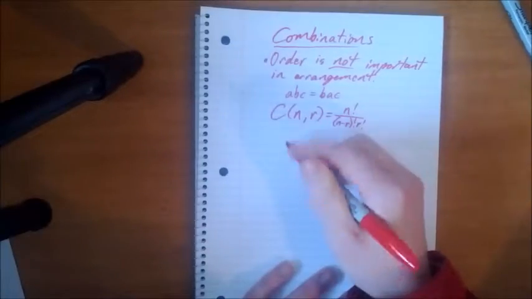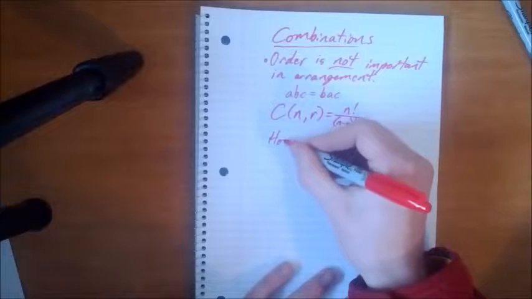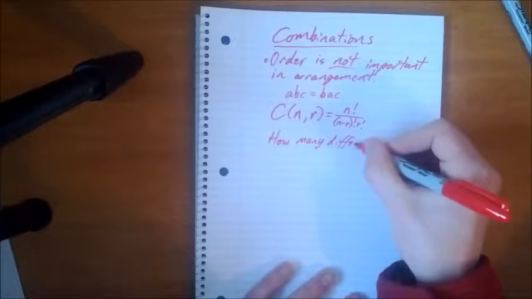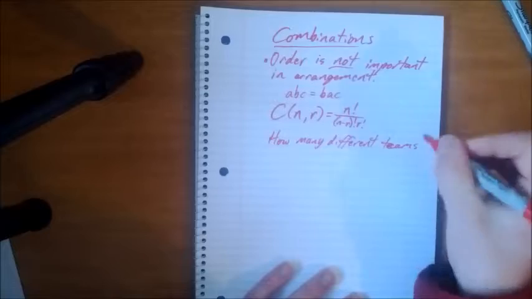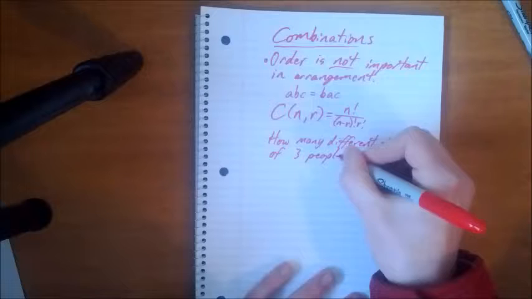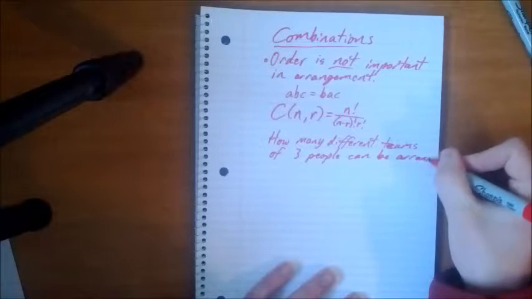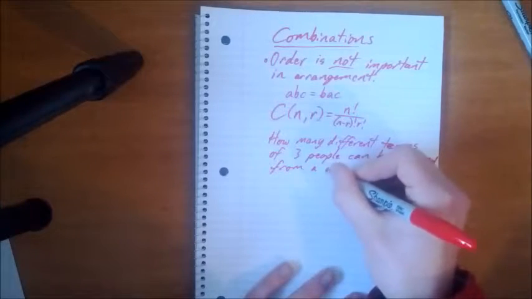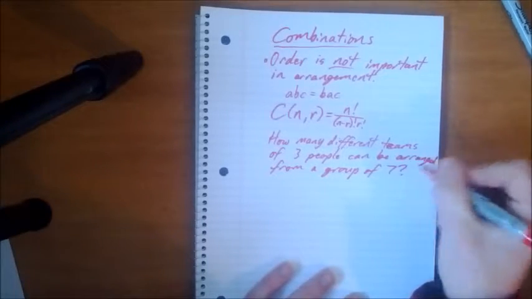For example, we have a question: how many different teams of 3 people can be arranged from a group of 7?